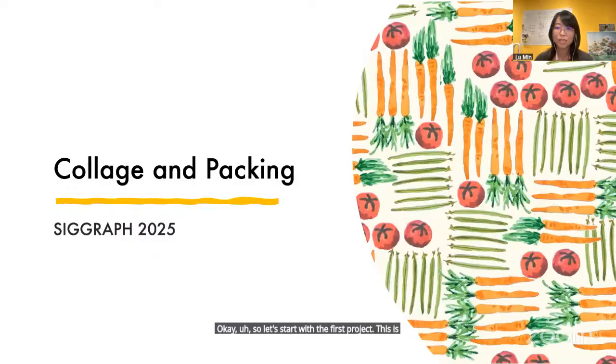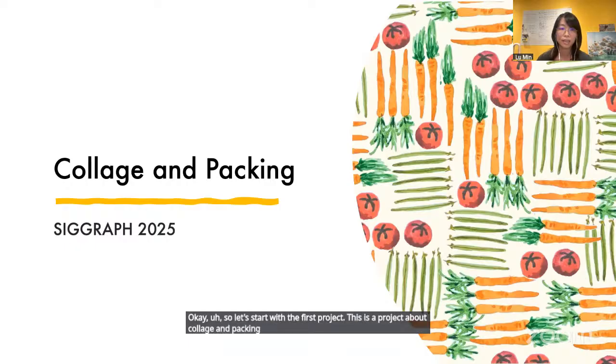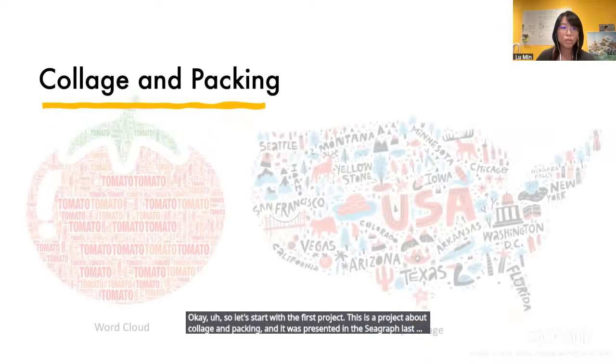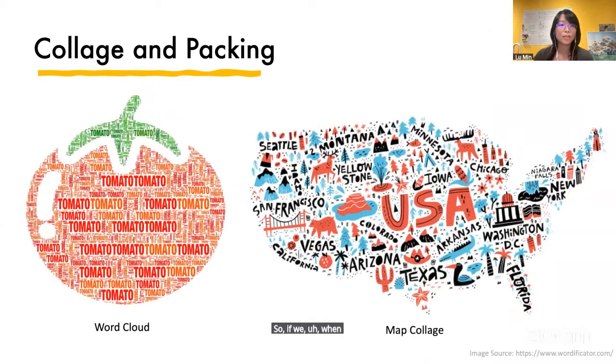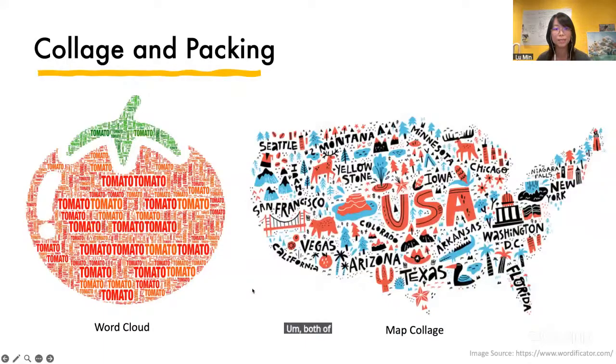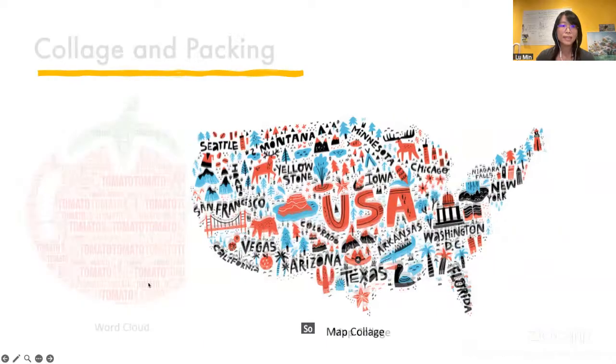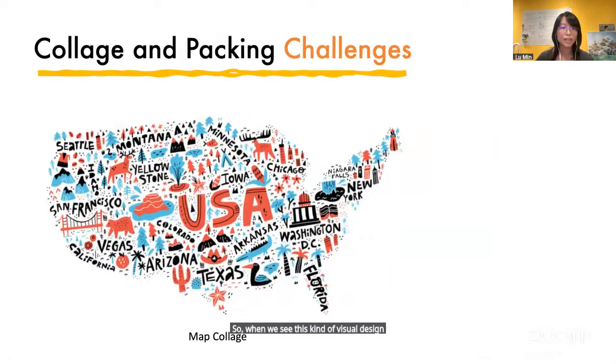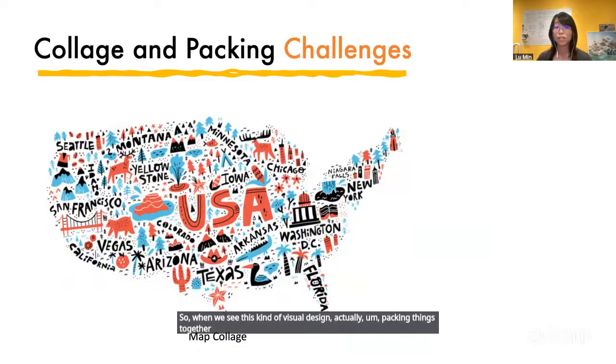This is a project about collage and packing, and it was presented at SIGGRAPH last year. When we talk about collage or packing, I show here two examples. Both of them share a similar layout, which is to pack elements in a container. On the left, we call it a word cloud. Packing things together is very challenging.